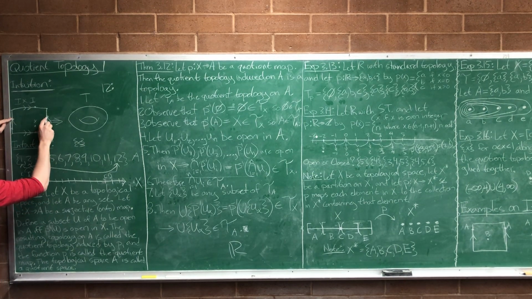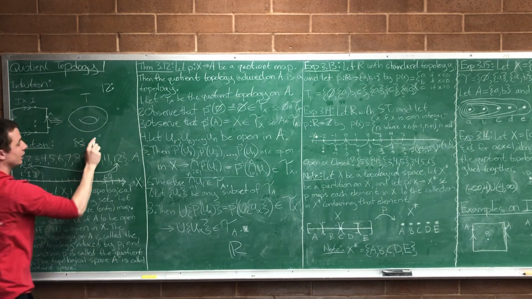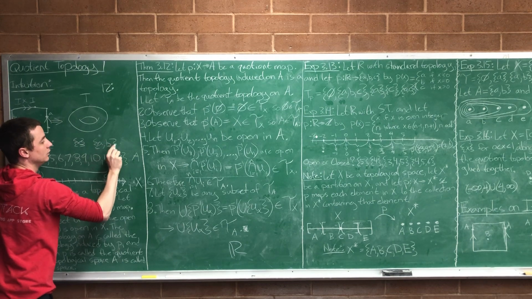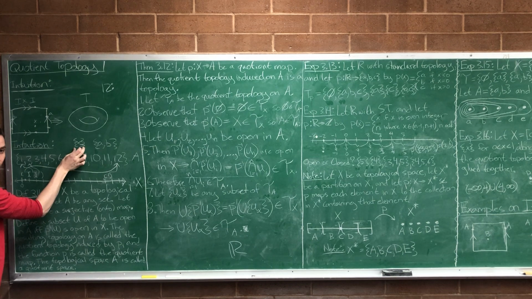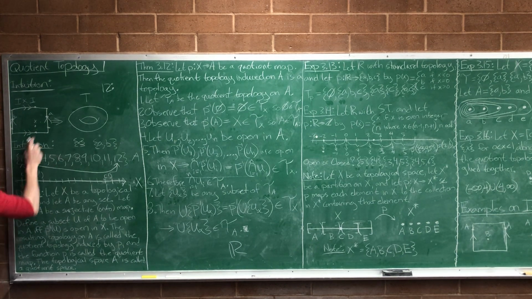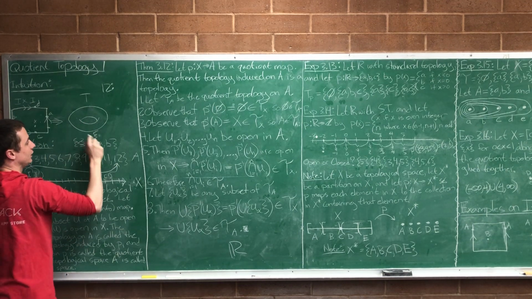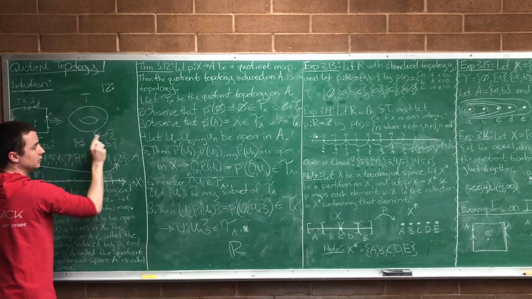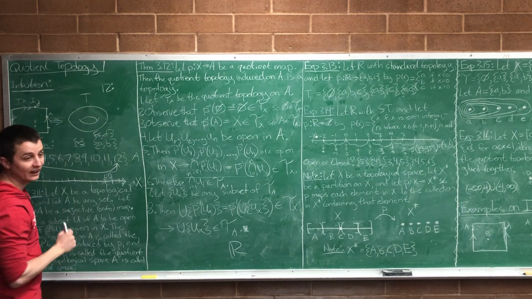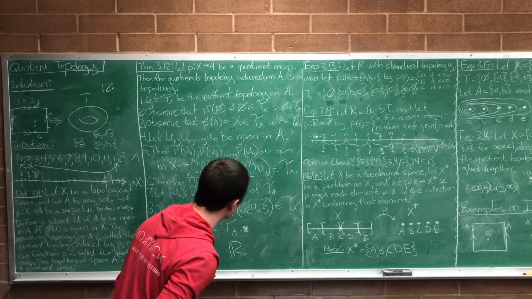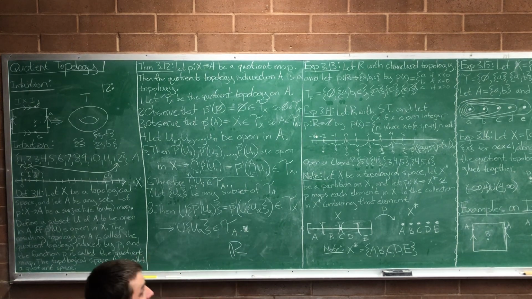When I got to the boundary points, when I had a point here, call it A, and a point here, call it B, I put those together in the same set, A, B. So I said I'm going to call these points the same point in my new topology, and I'm going to call this point the same point in my new topology. And I took this one and this one, call it C and D, and I decided I'm going to put those together over here as just a point CD. So that's often how we're going to create these types of topological spaces, and you see that we're going to do this gluing thing a lot.